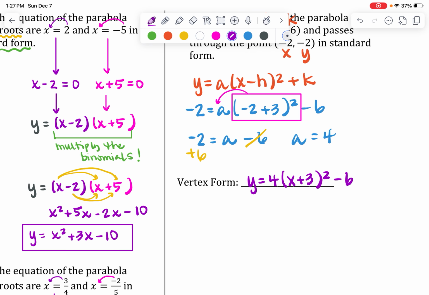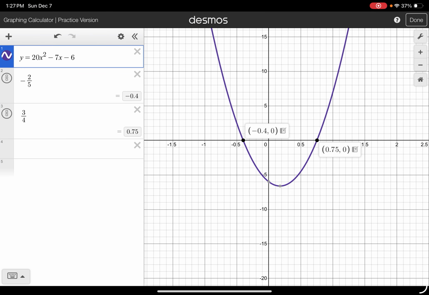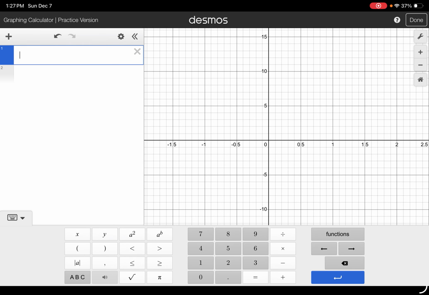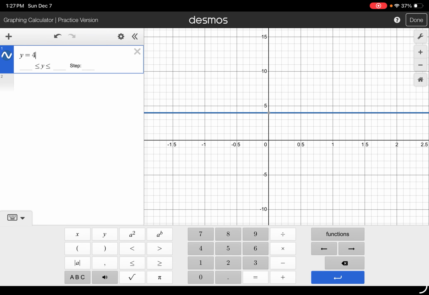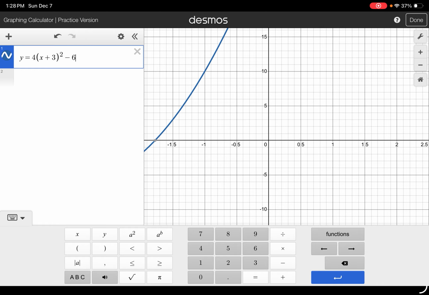All right, before I go any further, I am going to double check that in Desmos to make sure I didn't make a silly mistake. Right? So y equals 4 times (x plus 3) squared minus 6.